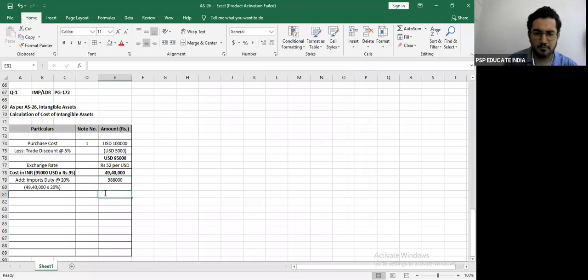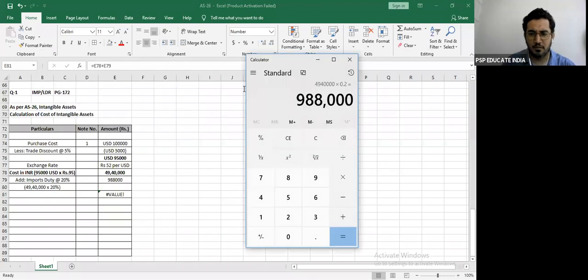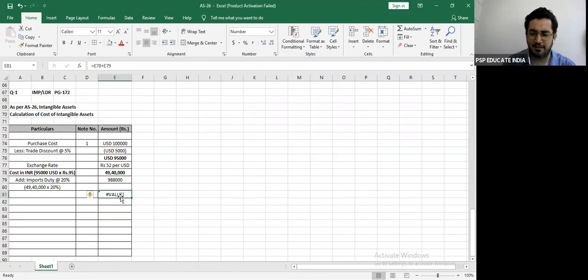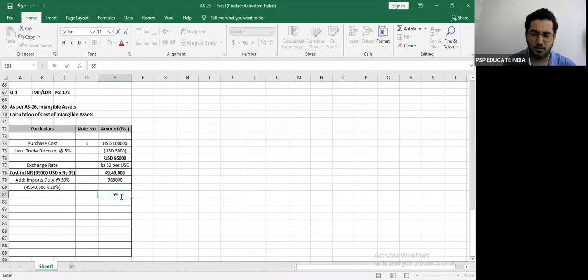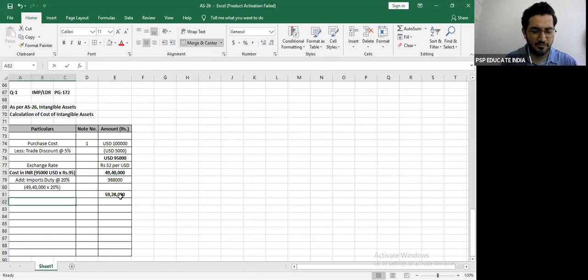Take your total, 49 lakh 40,000 plus 9 lakh 88,000. See how much do you get? You get 59 lakh 28,000.